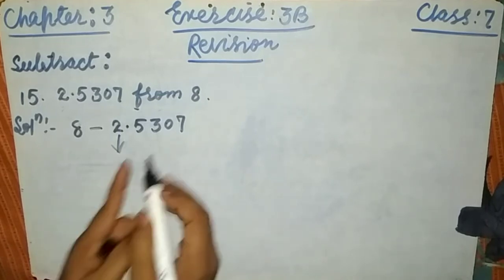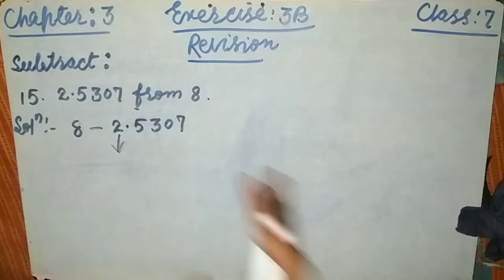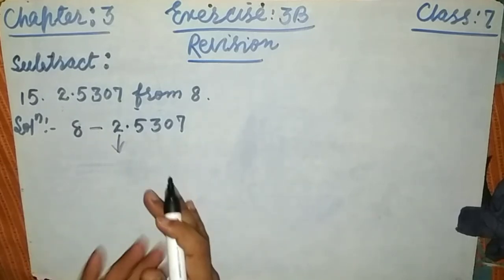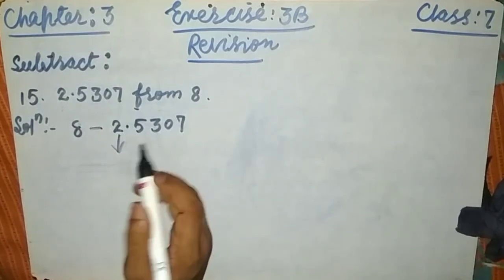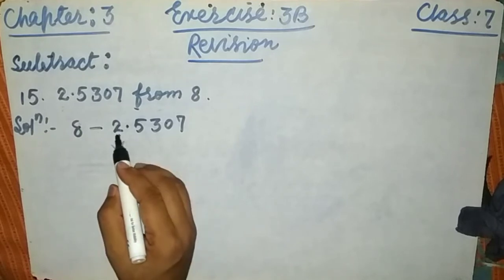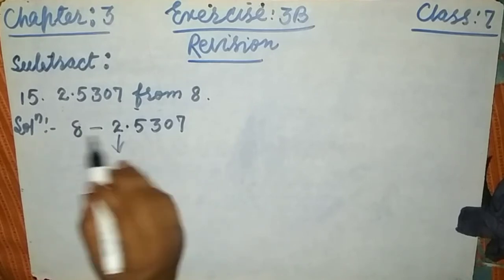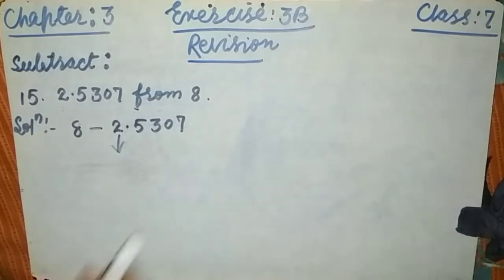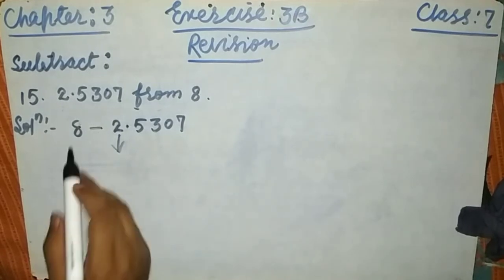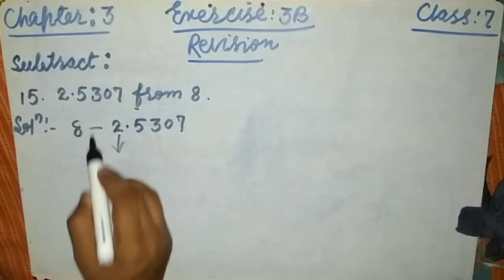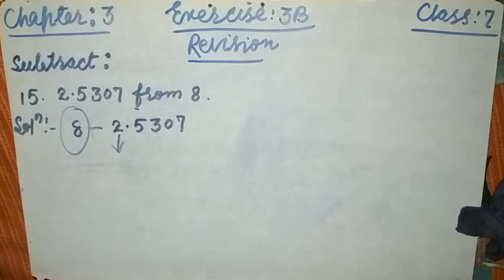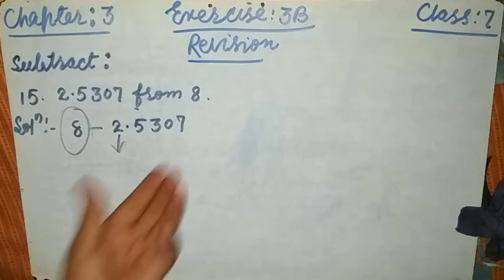This is the decimal part, this is the whole number part, and when they come together this becomes a decimal number. Whole number parts go along with whole number parts. Now you are going to make this 8, the whole number part, into fractional form with like fractions, with the same number of decimal places.